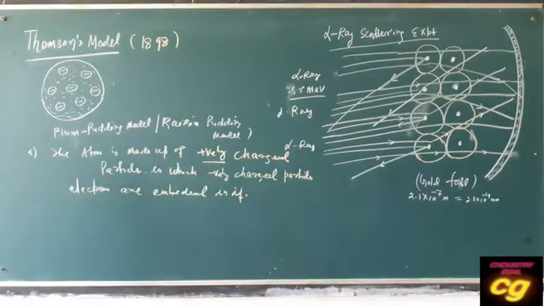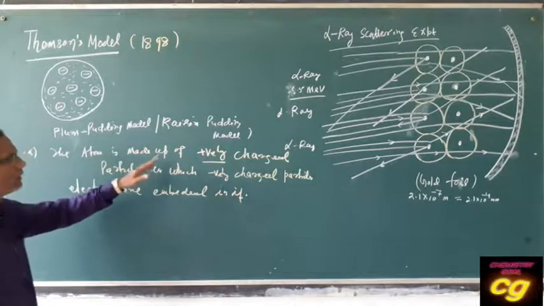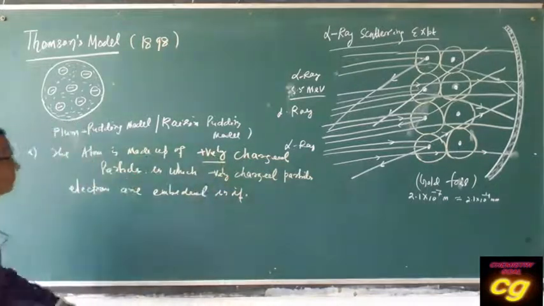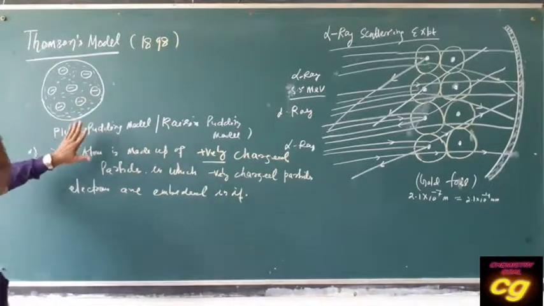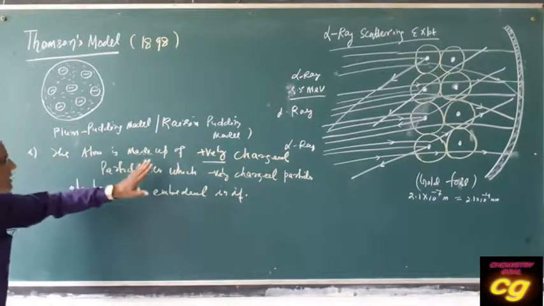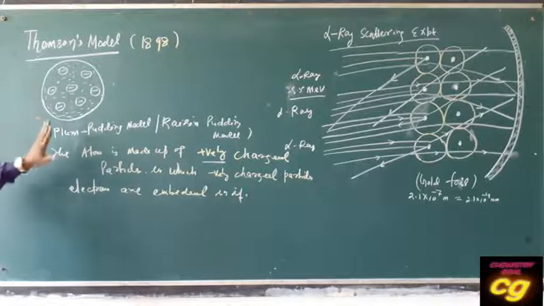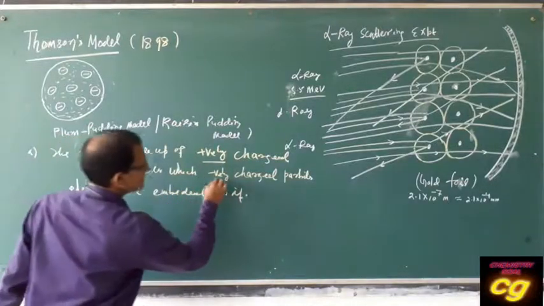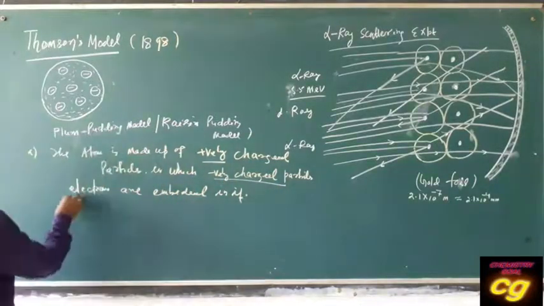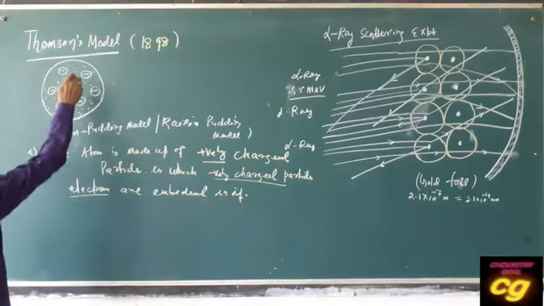What is the meaning? The whole atom is made of positively charged particles, means a positively charged sphere, in which negatively charged electrons are embedded.